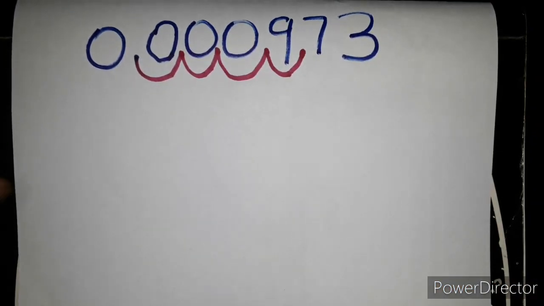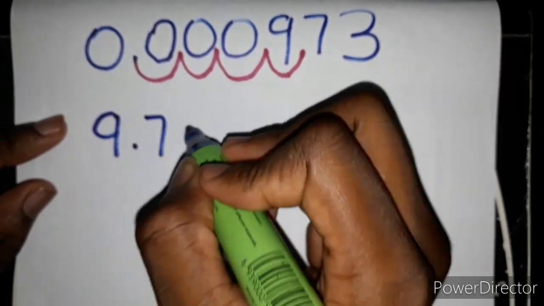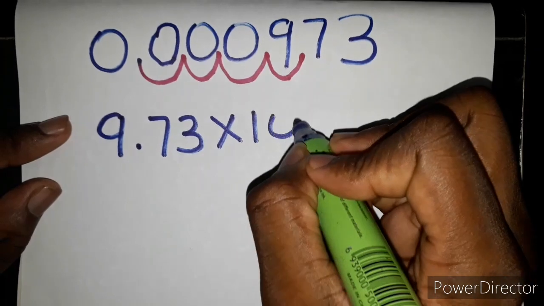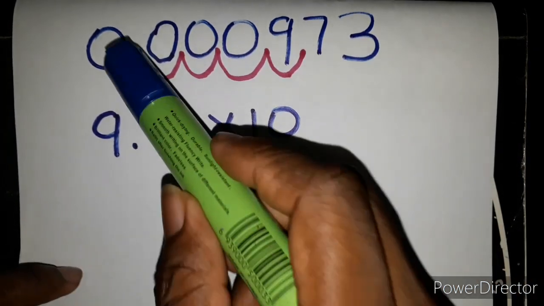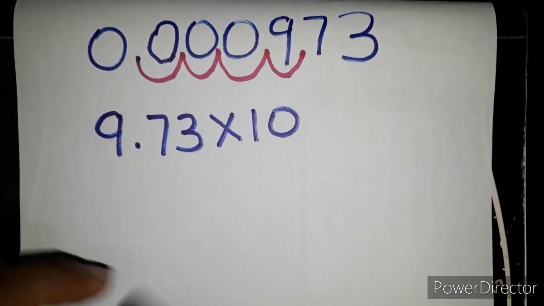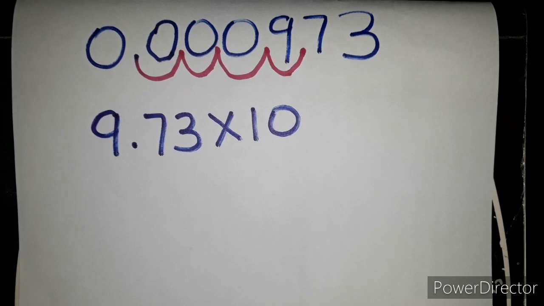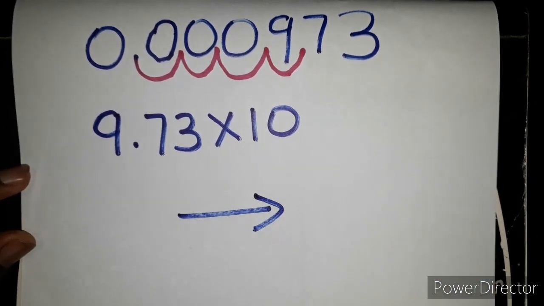So the new number that we will have is 9.73 multiplied by 10. Once again, it all depends on how many times you move the point. 1, 2, 3, 4. So this number here now has to be raised to the 4th power. But unlike the other example, we moved to that side.